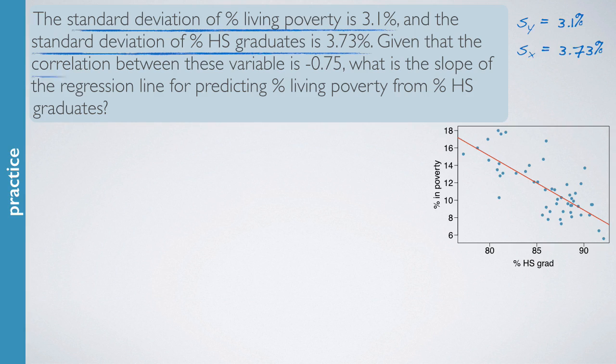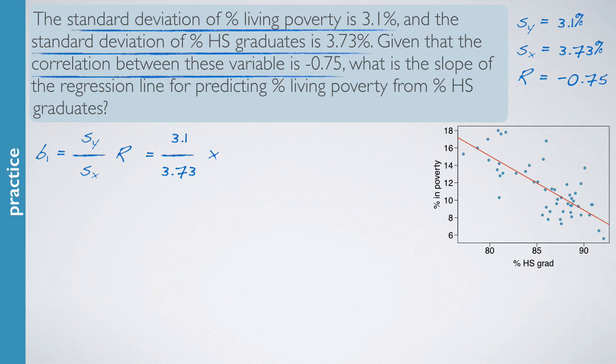We are also given the correlation coefficient as negative 0.75, so putting all of these in the formula for the slope, b1 equals s_y over s_x times r, we simply need to plug in the numbers. 3.1 divided by 3.73 times negative 0.75 gives us a slope of negative 0.62.